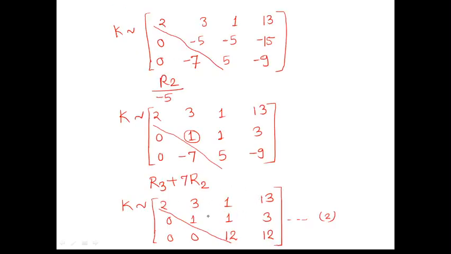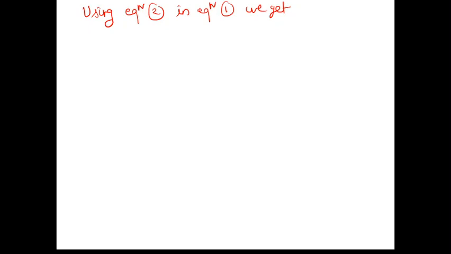So let's use equation 2 in equation 1. The portion of this augmented matrix except the last column is nothing but A, so we will write that in place of A. It is 2 3 1, then 0 1 1, 0 0 12.